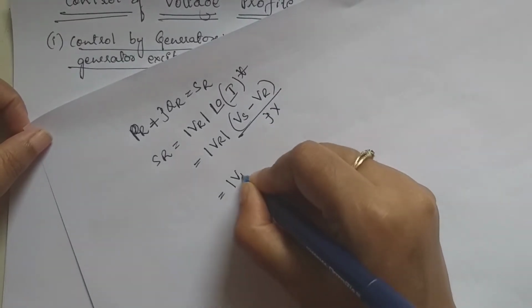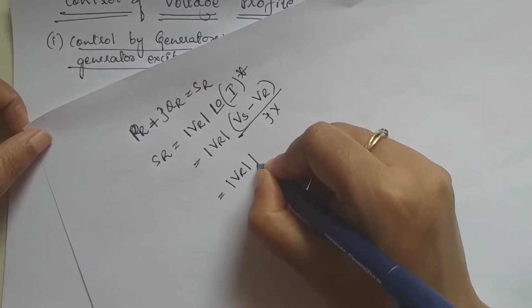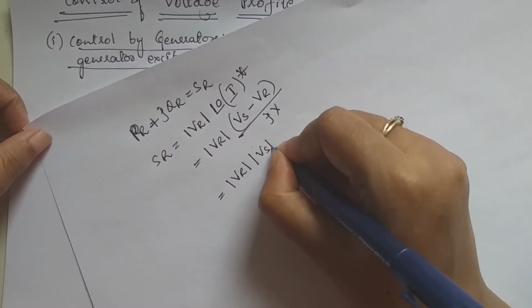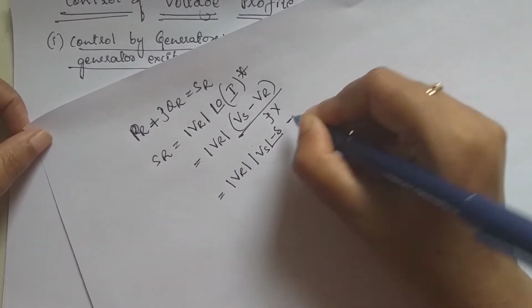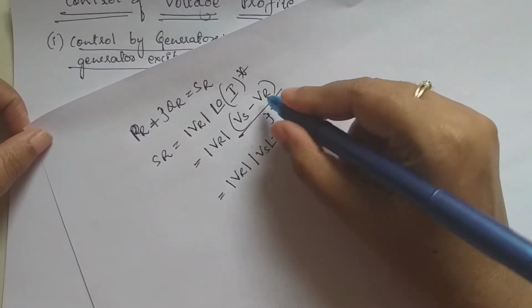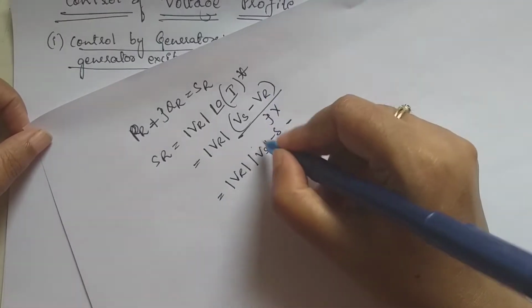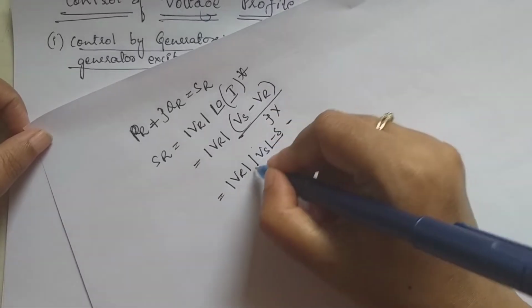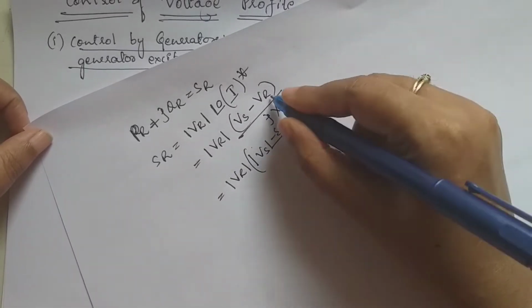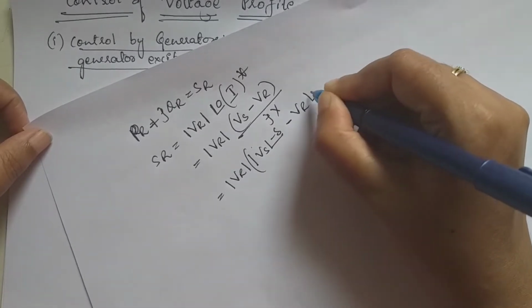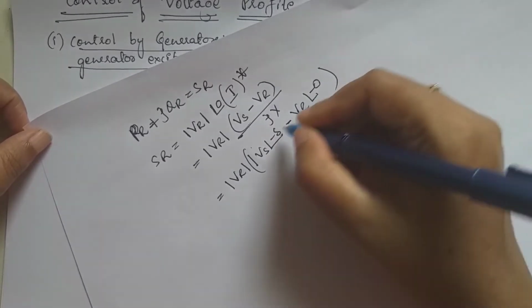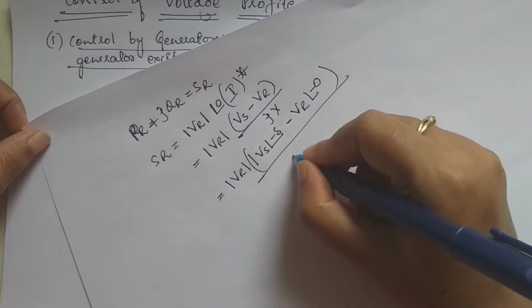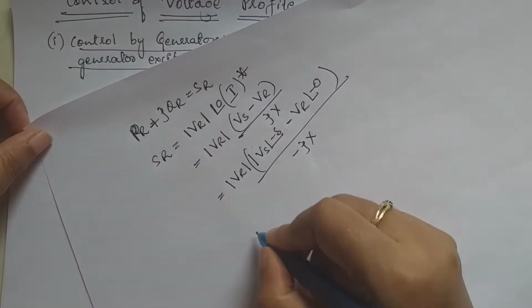Vs is Vs at an angle delta, and VR is VR at an angle 0. Taking the conjugate, Vs becomes Vs at an angle minus delta, VR at an angle minus 0, and the conjugate of jX is minus jX.